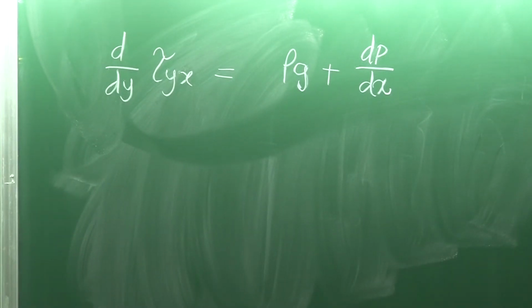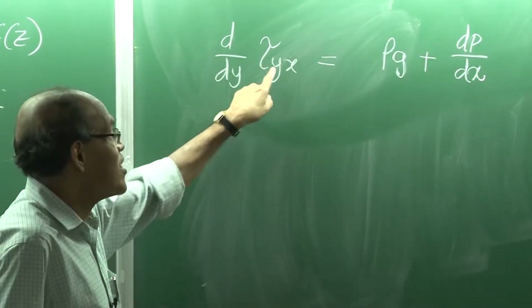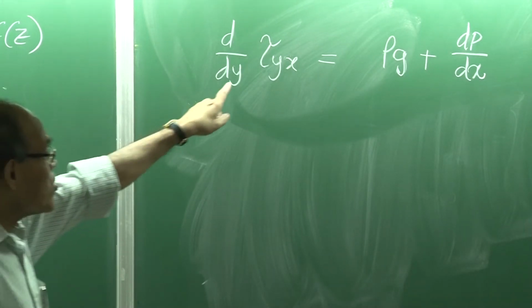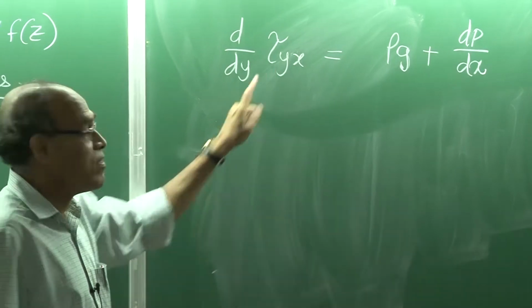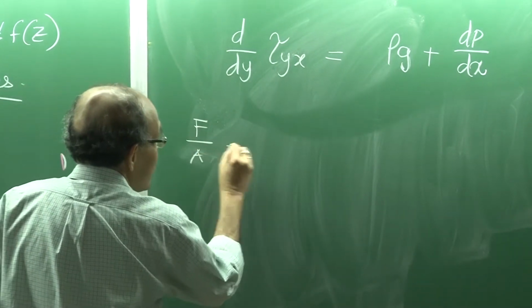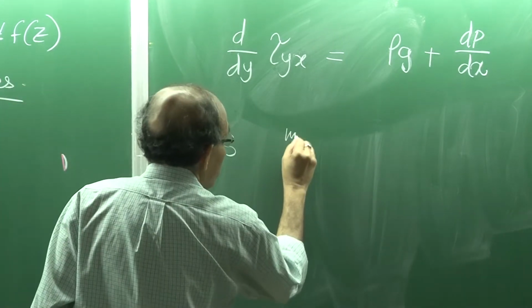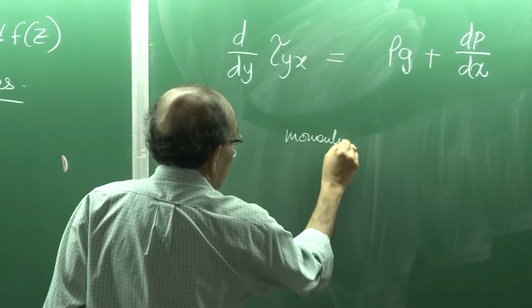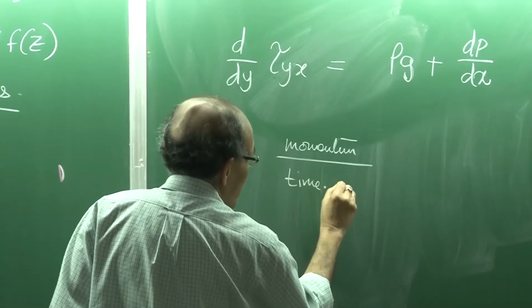At this stage, we can apply certain constitutive laws by which we should be able to replace this shear stress. Now, this shear stress, as I have indicated, has the same dimension. Shear stress is what? Force per unit area. Now, if you take the momentum flux also, what is it? Momentum per unit time and per unit area.